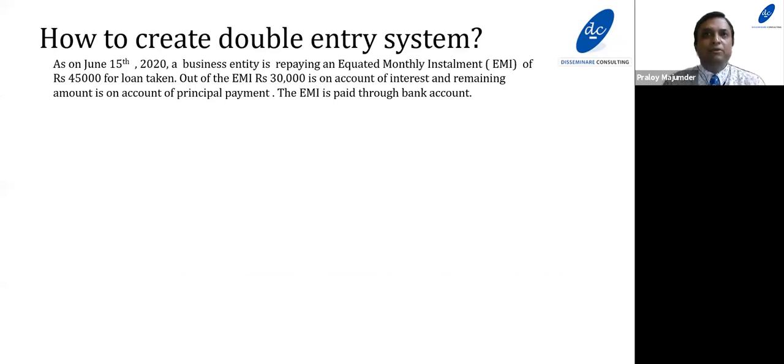EMI means when you take a loan for, say, 36 months, you pay the entire loan, principal and interest both, in equated monthly installments. That is called an EMI loan.